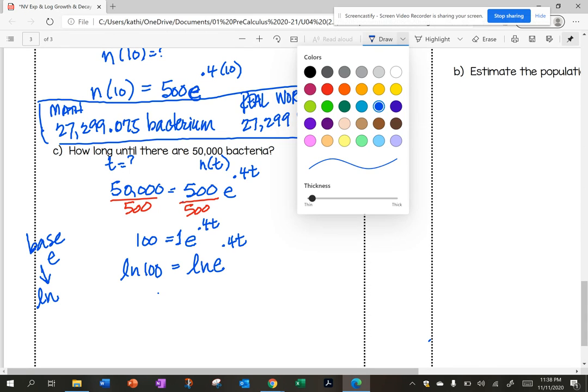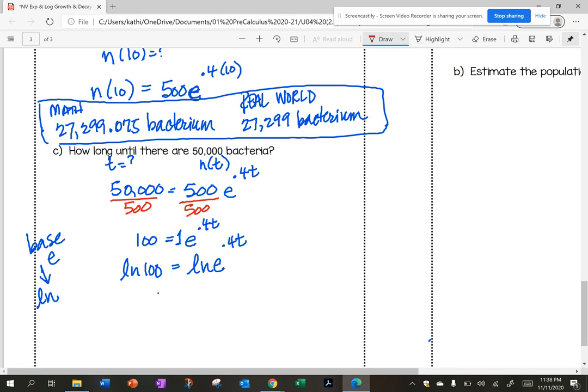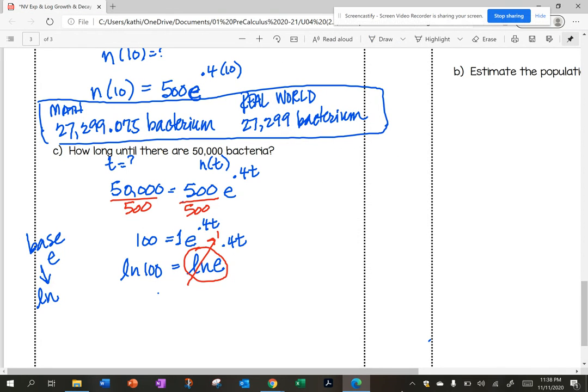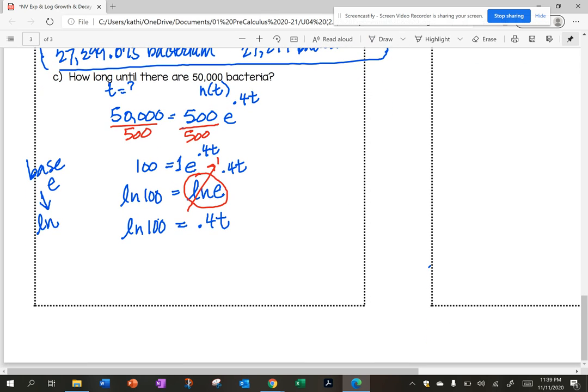The purpose in that was the natural log of base e becomes 1. These two undo each other. So I have the natural log of 100 equals 0.4 t. Next I want to divide by 0.4.